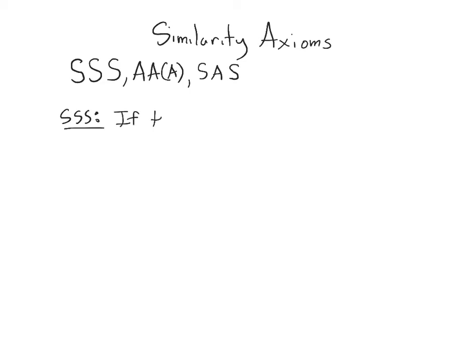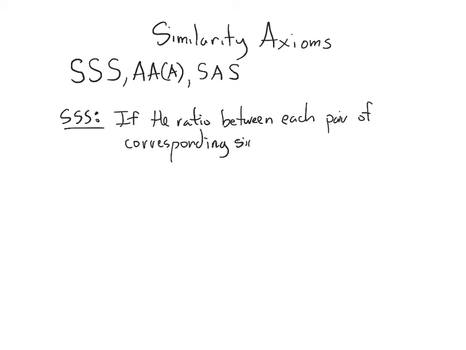If the ratio between each pair of corresponding sides is equal. And you might have to find the correspondence. It might not be given to you, so you might have to try a couple of times.